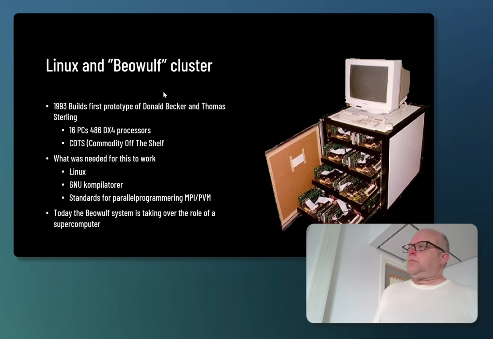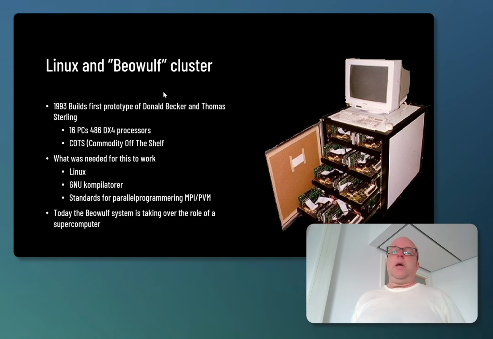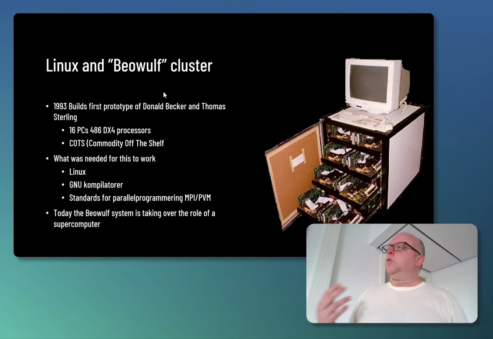And also some of the standards for parallel programming enabled you to actually move from mainframes to PCs, because you could actually program them on a normal PC. And that enabled you to create really cheap supercomputers by just using commodity hardware.